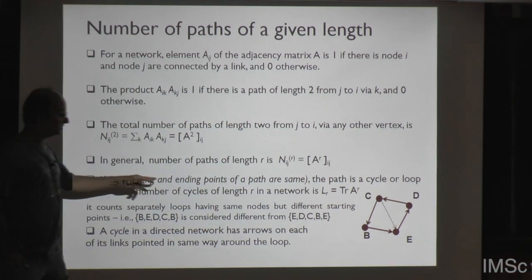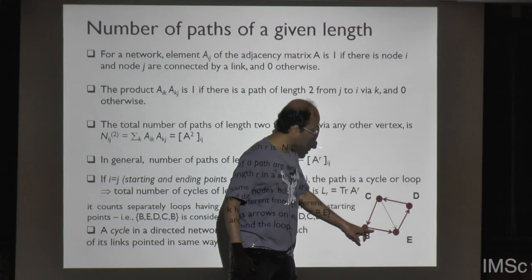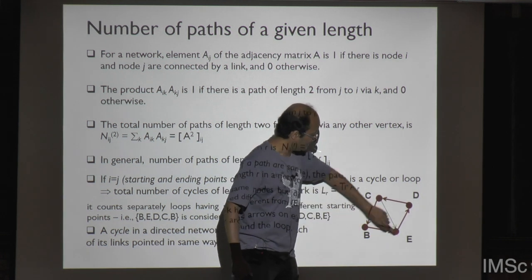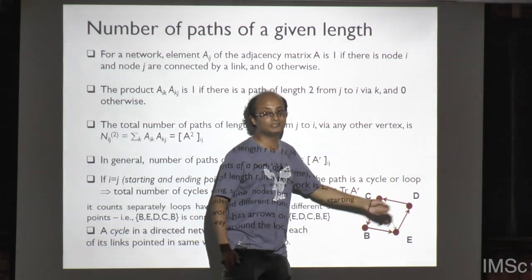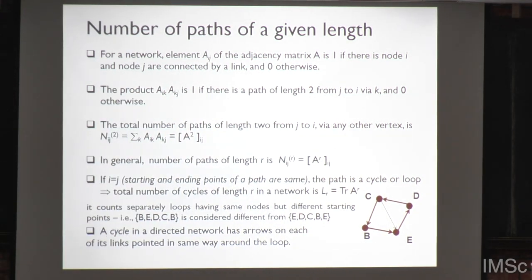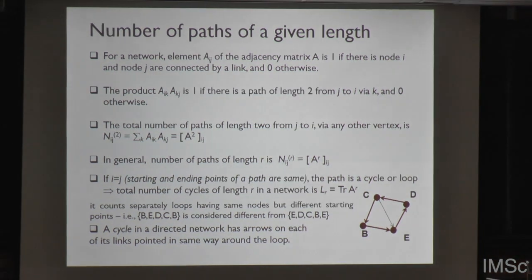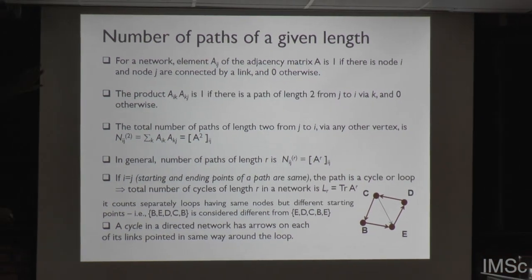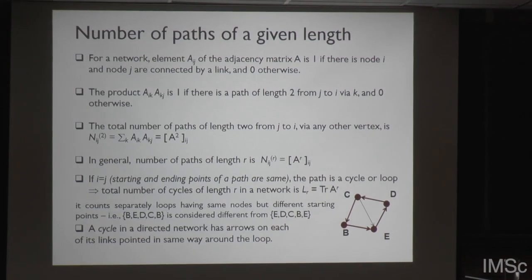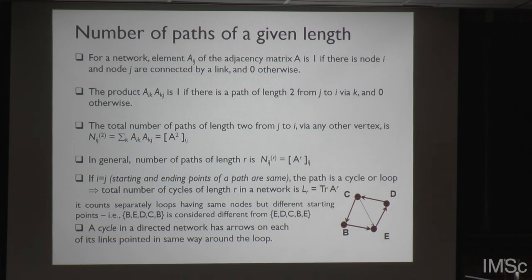So you may not be able to find a path which goes from, let's say, B to E to D to C to B, because if you reverse any one of these arrows, you would break that particular cycle. But essentially you can use exactly the same method that I outlined here and count paths of length r for directed networks and the occurrence of cycles of a particular length.